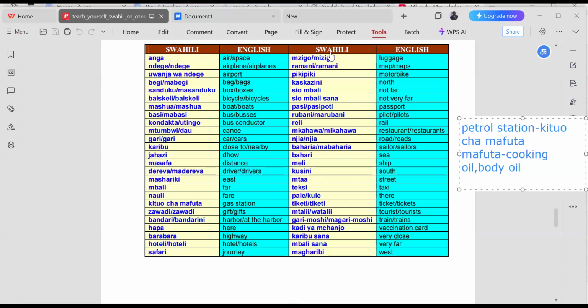I see General Naki saying mafuta is also oil in their country. And even the main oil itself is still mafuta. So whether it's cooking oil, body lotion, oil itself, or petrol, we call it mafuta. So kituo cha mafuta means the gas station.